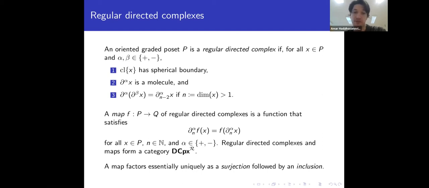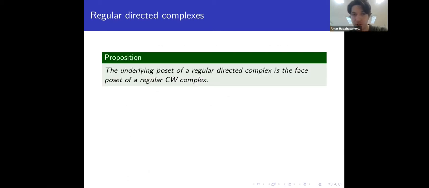One can prove just from this condition that such a map is an order-preserving map of the underlying posets. And what we can prove is that the underlying poset of a regular directed complex in this sense is the face poset of a regular CW complex.